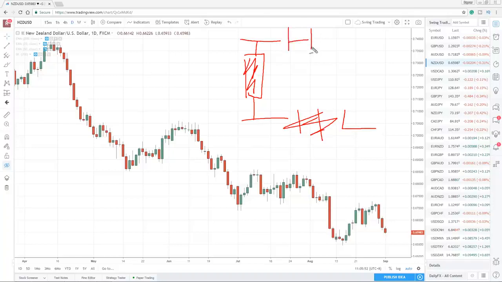And where is the open, on the top or the bottom? Well, if you recall, for the bar to be bearish, the open has to be on top. This is the open, and this is the close. Price closed lower for the day. Okay, does it make sense? Then let's move on.